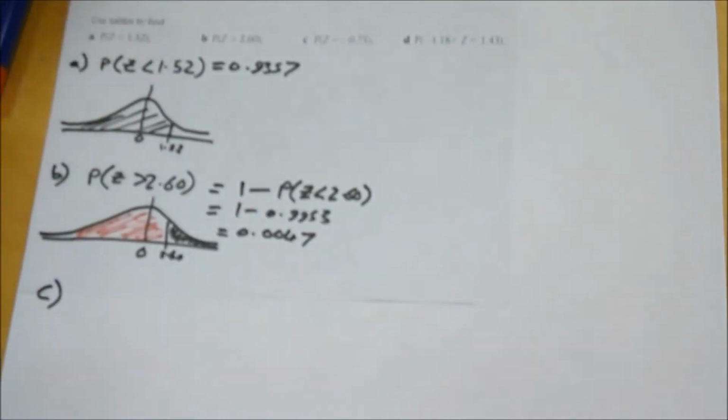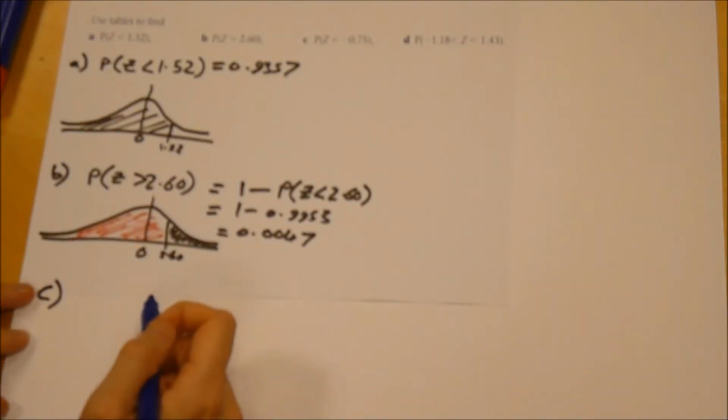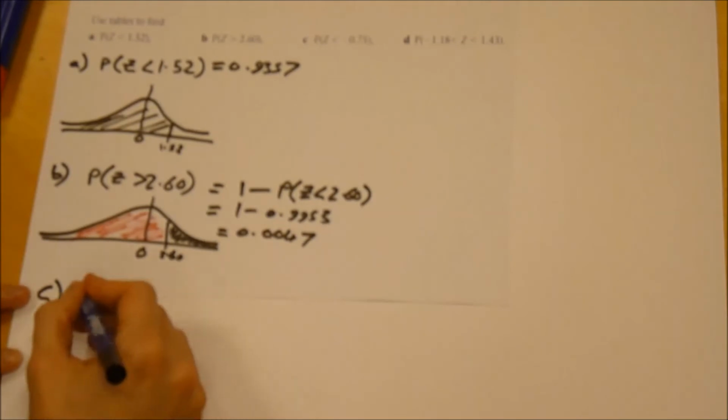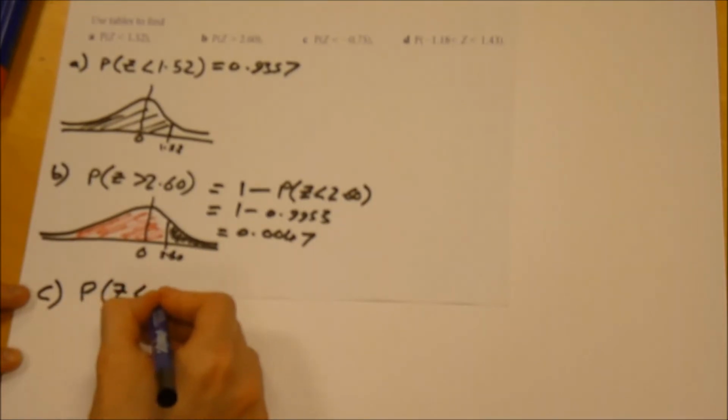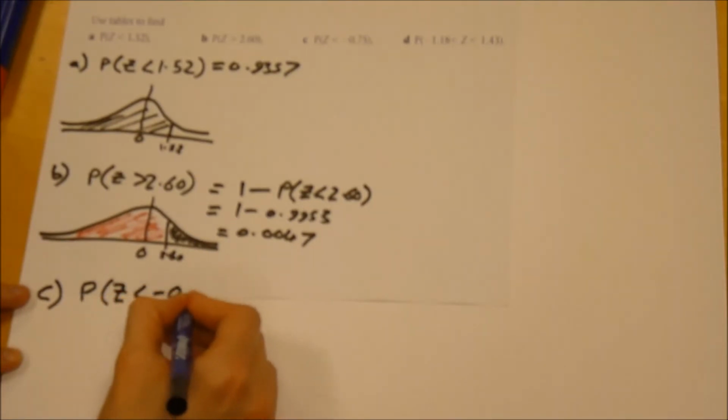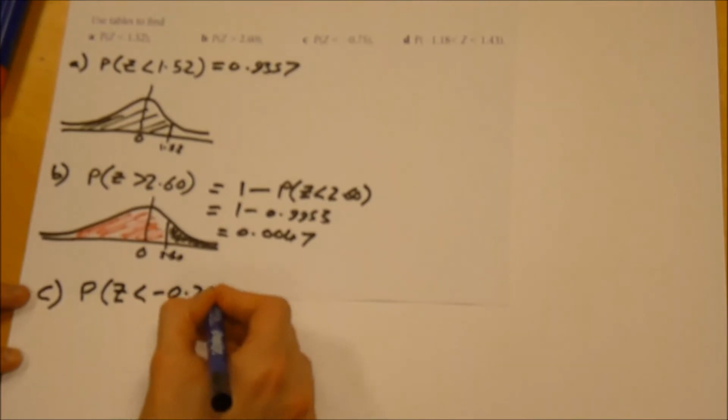Okay, the third one, part C, brings me to an interesting conundrum, because the more observant of you will already see that our tables, our chart starts at Z equaling 0, that mean. So it doesn't have any nice readable values for negative values of Z. So it asks me for the probability of Z being less than minus 0.75.